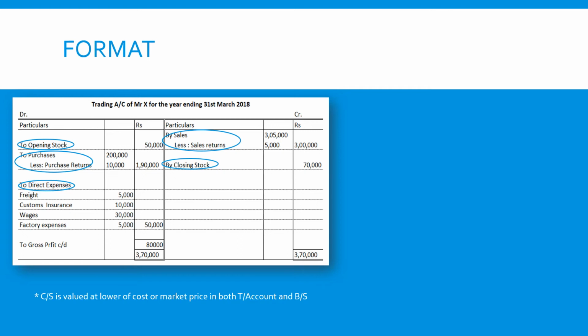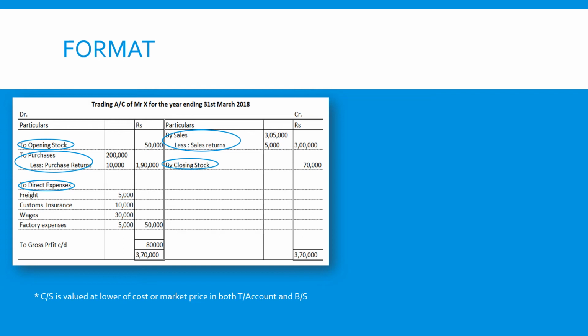But irrespective of the place where you record this item, it has to be valued at the lower of cost or the market price. By that I mean, going back to my earlier example of a manufacturing industry, suppose you bought some raw material at 100 rupees during the course of your business.